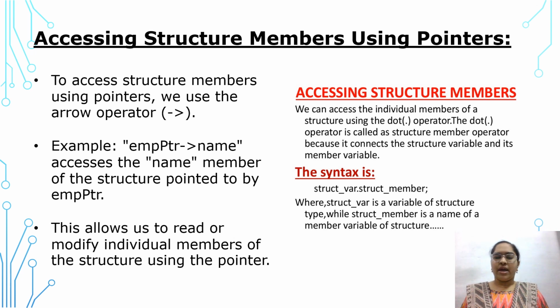The syntax for accessing structure members using the dot operator is structure variable dot structure underscore member. And using the arrow operator, it is empptr arrow name, which means name, which is a member of the structure, is pointed to by empptr. This allows us to read or modify individual members of the structure using pointers.